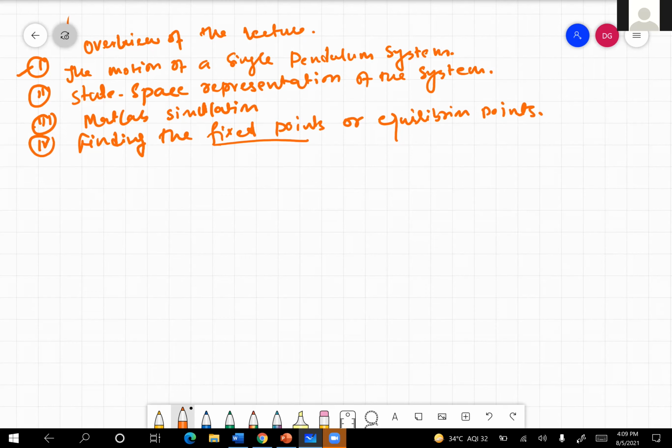I'll also explain what that means. Then based on the fixed point or equilibrium point, I'll linearize my system about that point. So linearization about the fixed point.